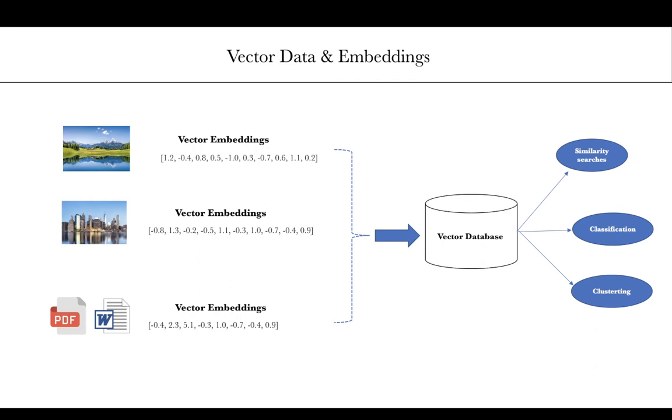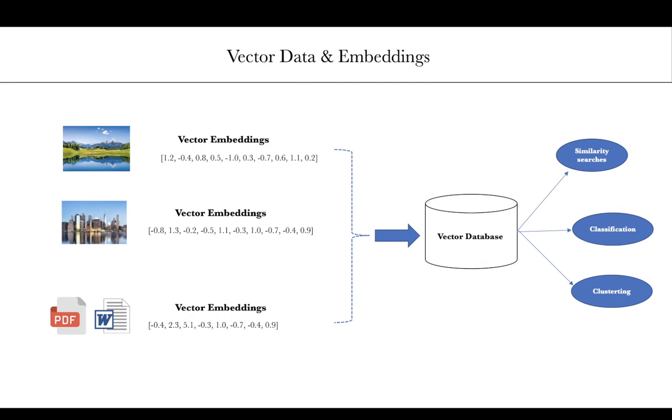Now the magic happens when these embeddings are stored in a vector database. With our data now in vector form and stored in the vector database, we unlock several powerful AI operations. At the top, you see similarity searches, which enable us to compare vectors and find out which pieces of data are most alike. This is a crucial function in systems like recommendation engines. Next is classification, where these embeddings help us to categorize data, for instance, tagging images or sorting documents by topic.